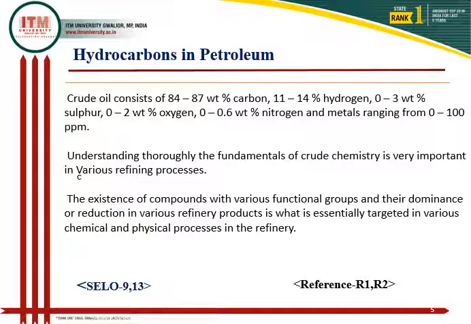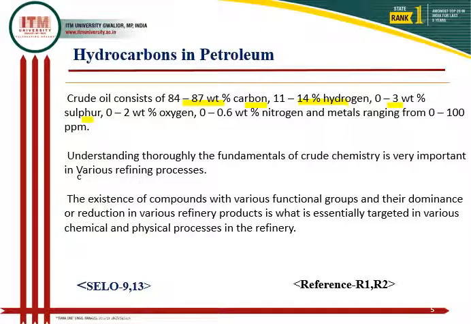It is very necessary to understand the elemental composition of the crude oil. Mainly 84 to 87% by weight carbon is there, 11 to 14% hydrogen, and 0 to 3% sulfur.